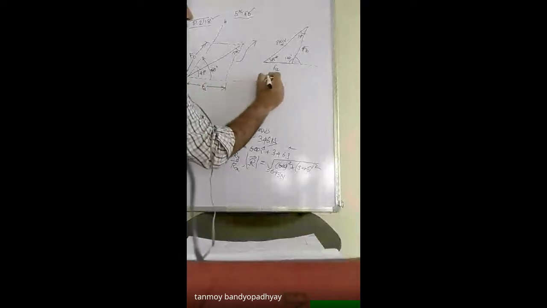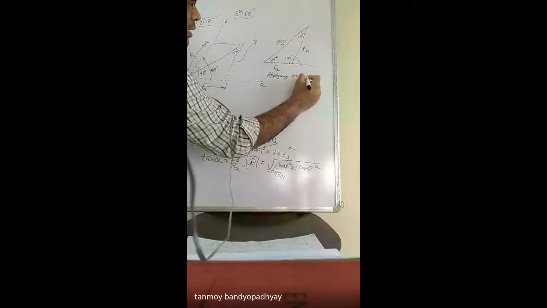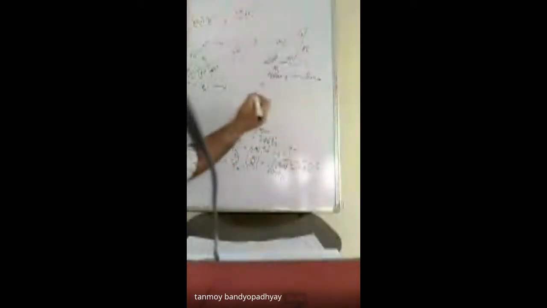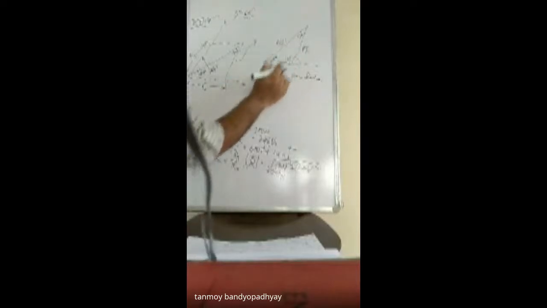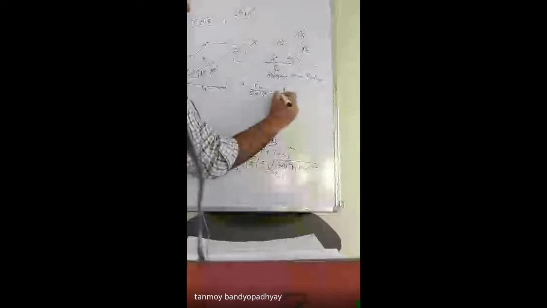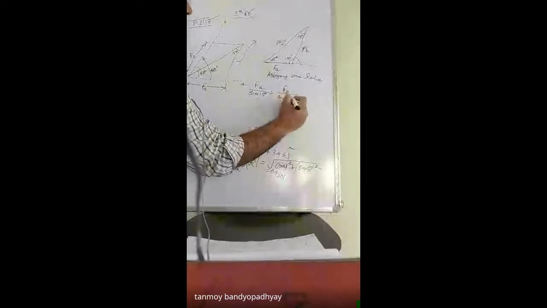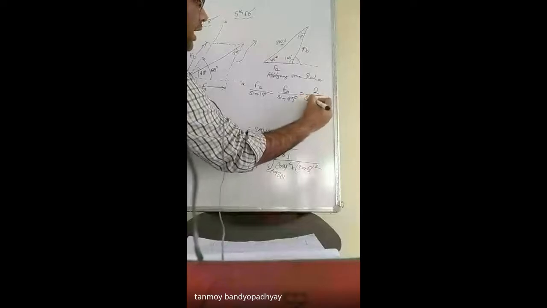So write, applying the sine rule for a vector triangle, or for any triangle actually. Applying the sine rule on this vector triangle, we get FA divided by sine 15 equals FB divided by sine 45 degree equals 2 divided by sine 120 degree.